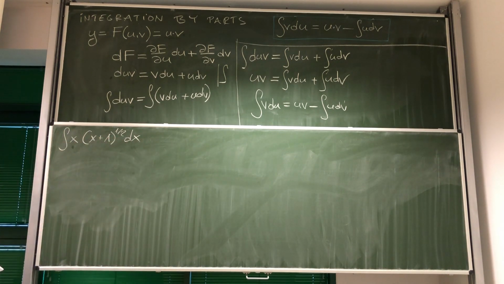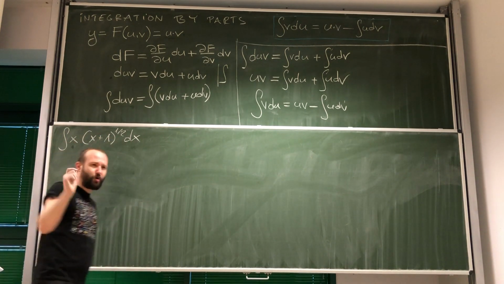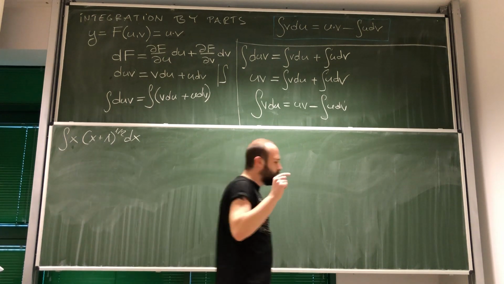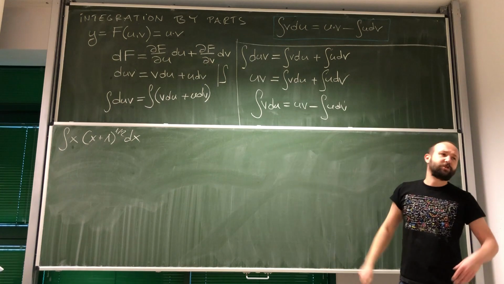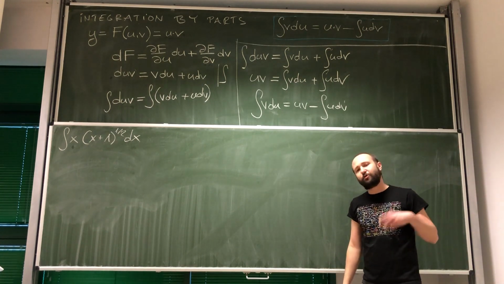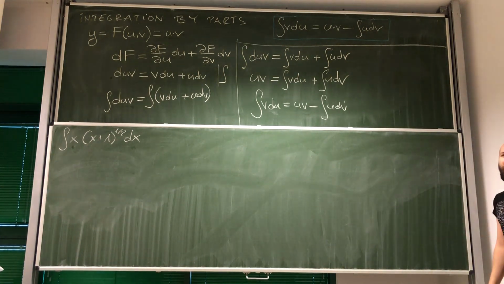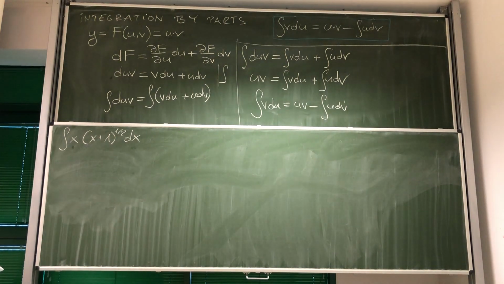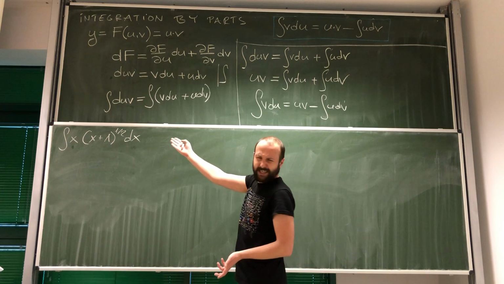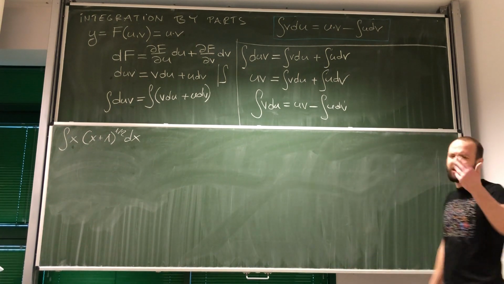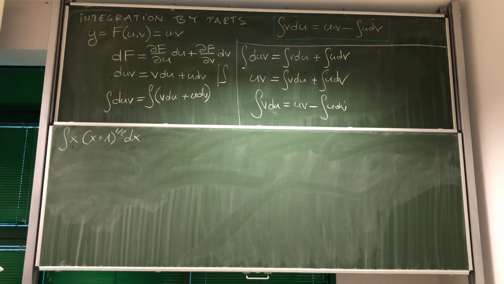But I can tell you one thing, if you choose wrong, you will know right away in the first line of solving, because you will end up with the same problem you were trying to solve. So there are always two ways in which we can approach it, but very often, like in this case, it doesn't really matter which one we choose, we're gonna get the same result quite easily.